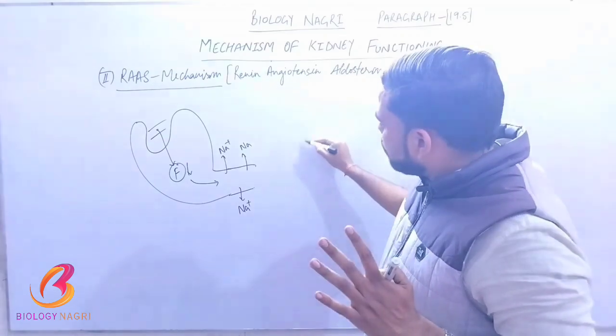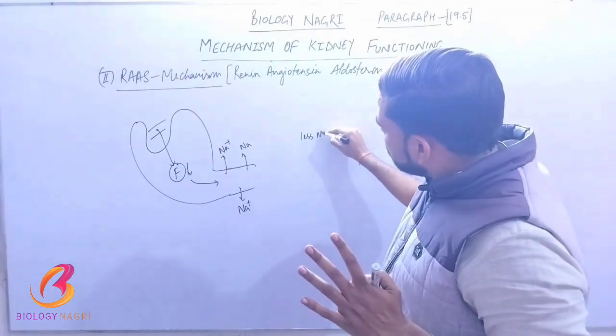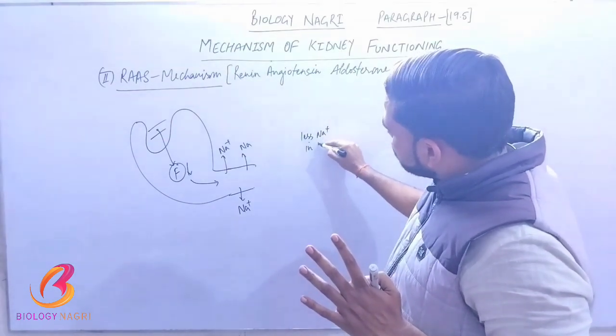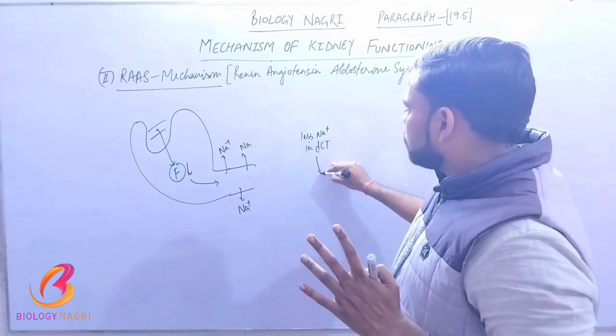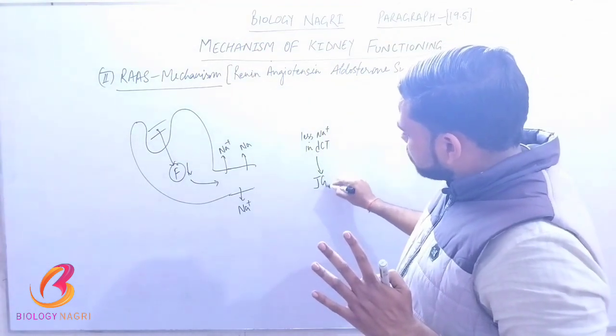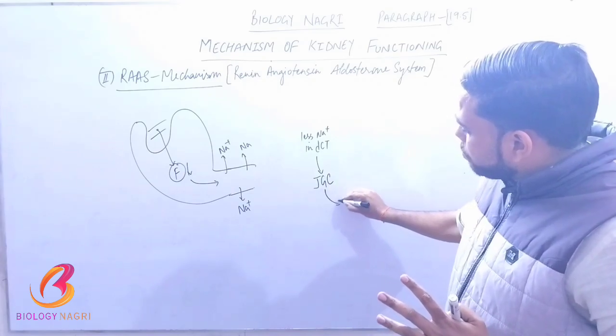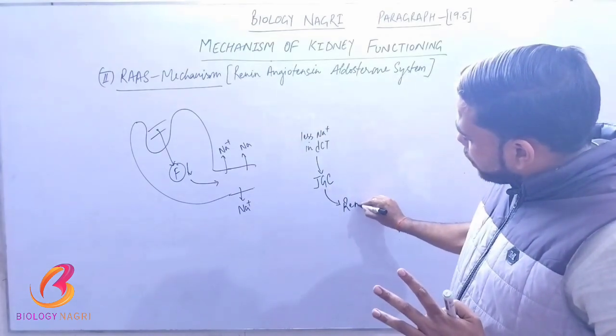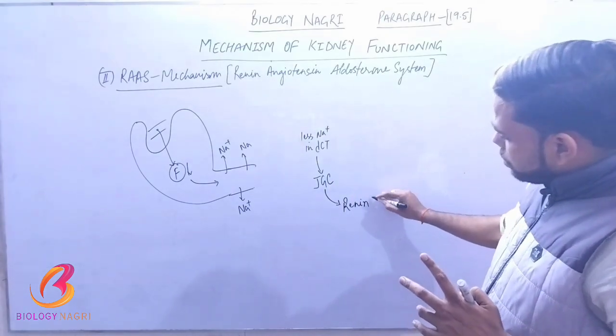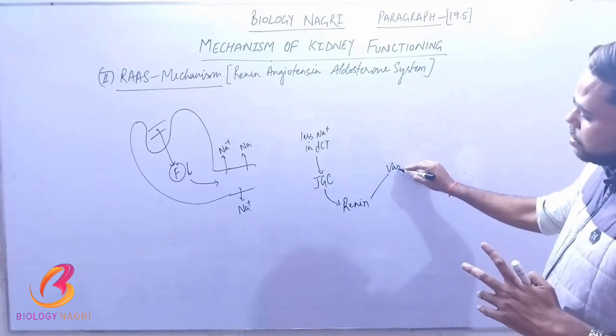When there is a low concentration of sodium in the DCP, this stimulates the JG cells, the juxtaglomerular cells, and these cells start releasing renin.